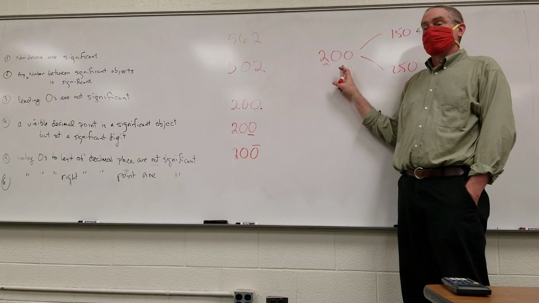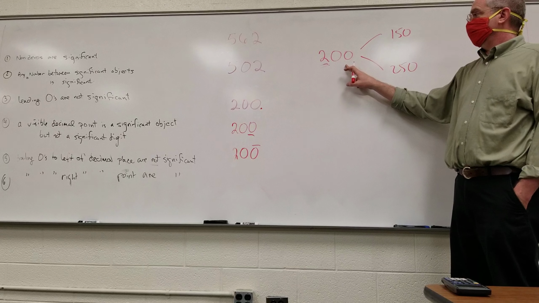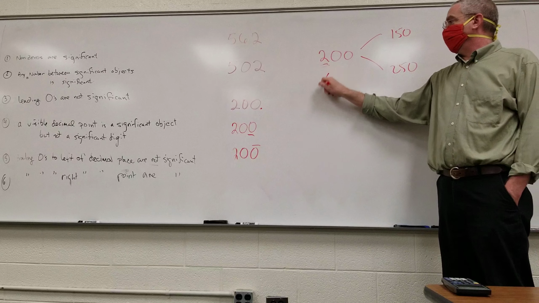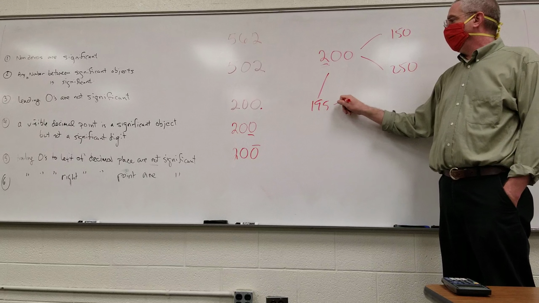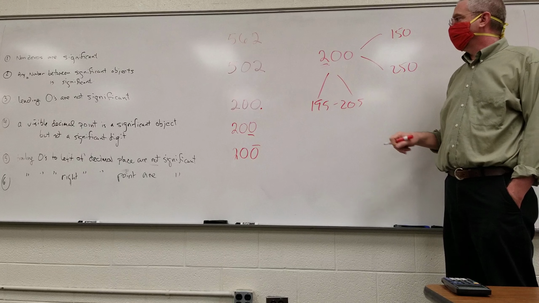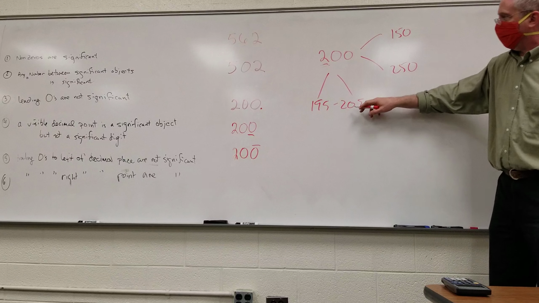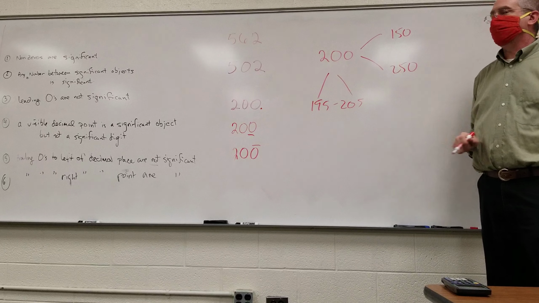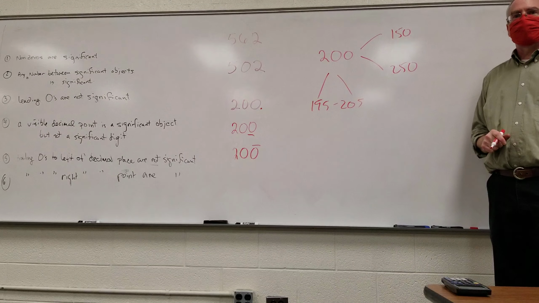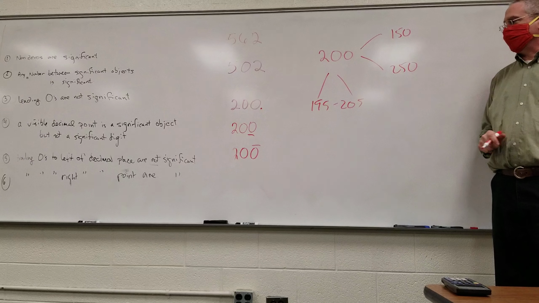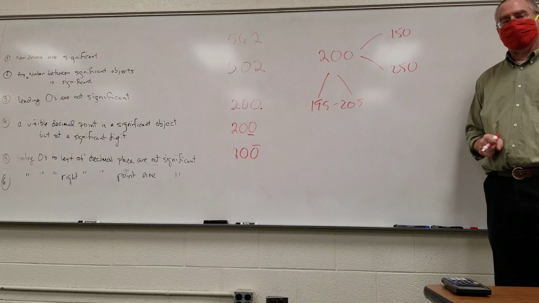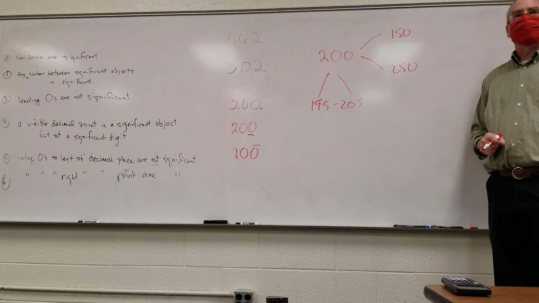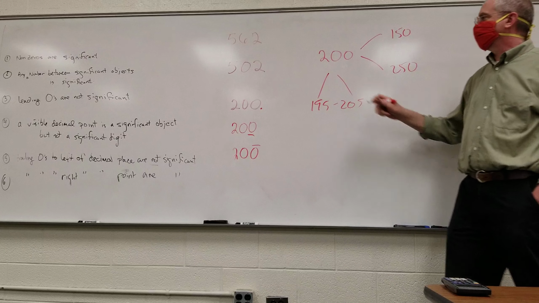Or perhaps it is somewhere from 195 to 205. If that were the case, how would I write this? If I'm rounding off to the nearest 10, a line under the second 0.